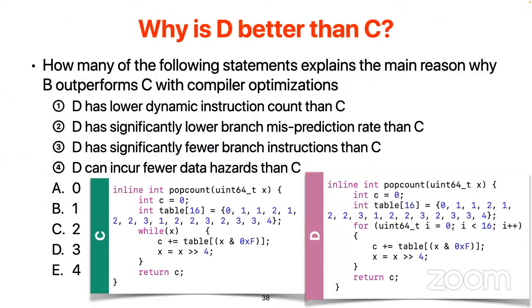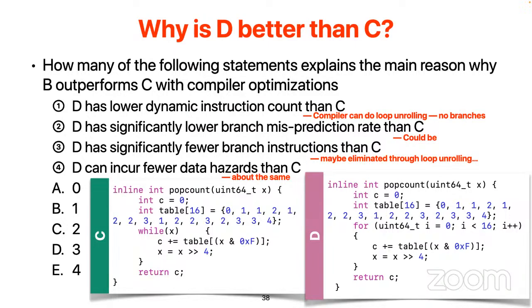So we do have a lower dynamic instruction count because loop unrolling eliminates all branches. And if you have no branches, how are you going to have misprediction? You just don't have branches. And there are fewer data hazards, and for C, about the same or fewer.